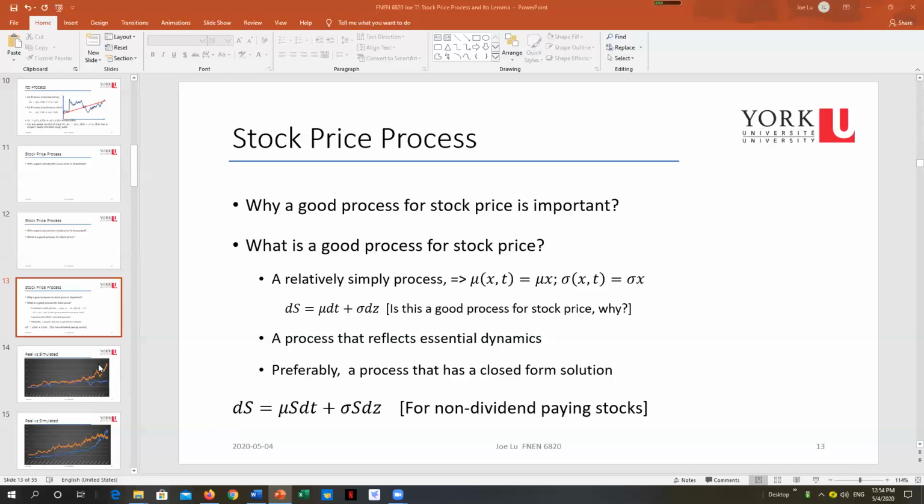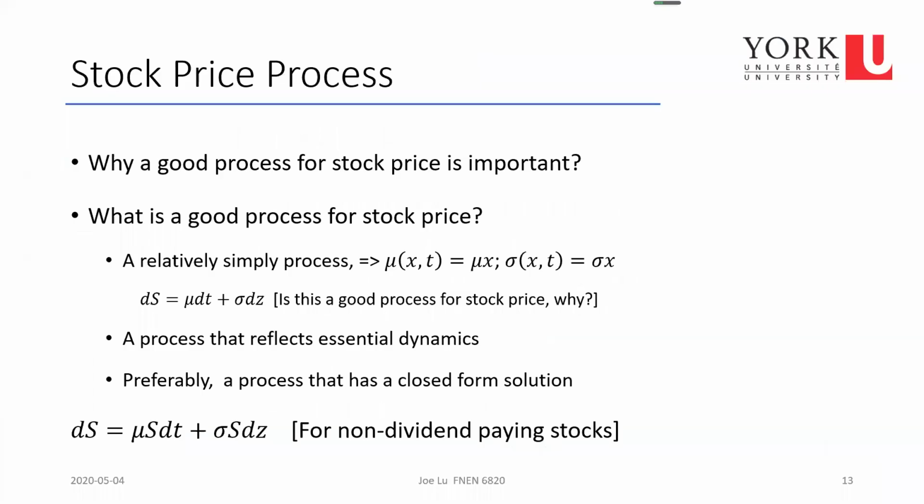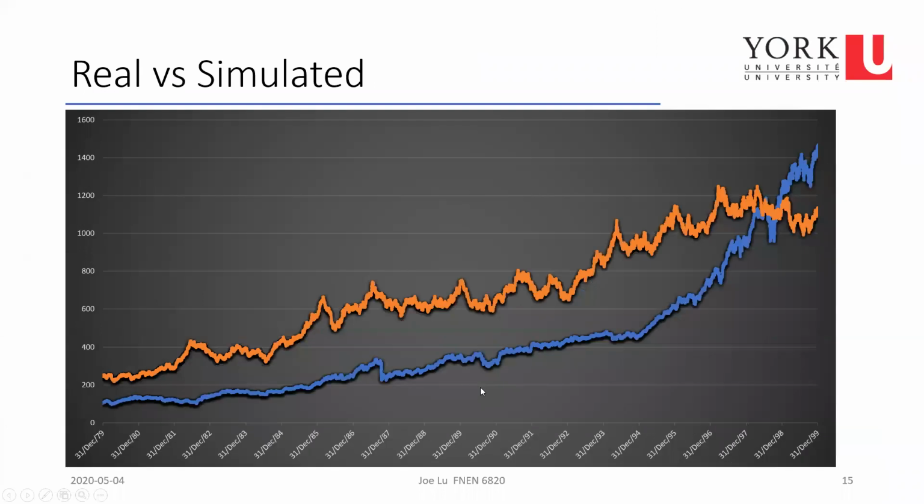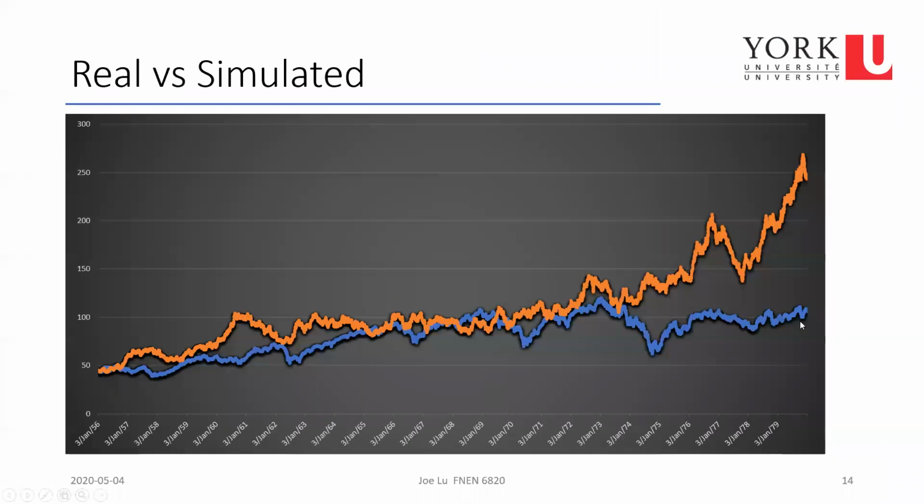So let's look at some of the data. I have here a blue line and an orange line. One is simulated, one is the real stock price index.